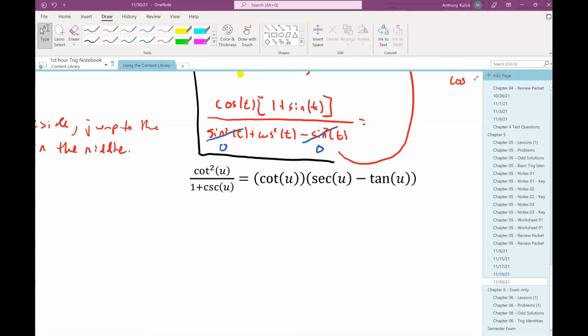Okay. Which side do you want to choose to work on? I think they're basically the same, right? The left-hand side has two things being divided.